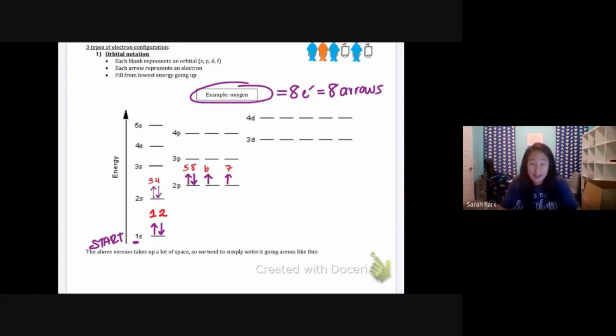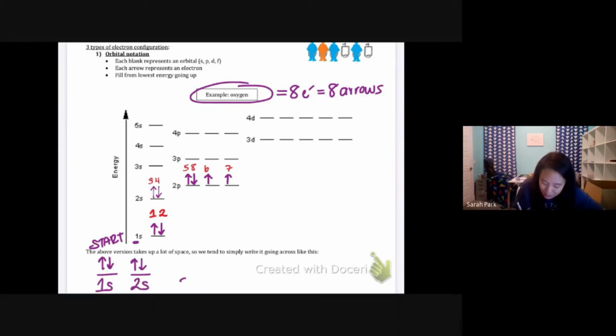So if we were drawing it out, it would look like this. Now, this takes up a lot of space, so we tend to redraw it. Let me just redraw it for you really quick. We draw it usually going sideways. So the first 2 electrons live in the 1s. After that, they live in the 2s house. 2 electrons live here.